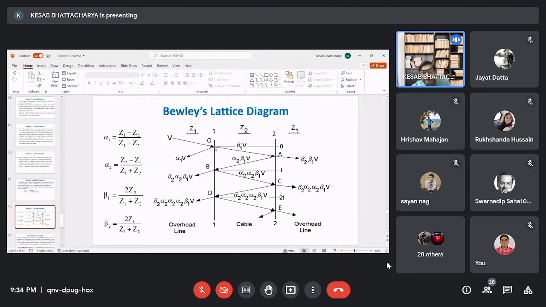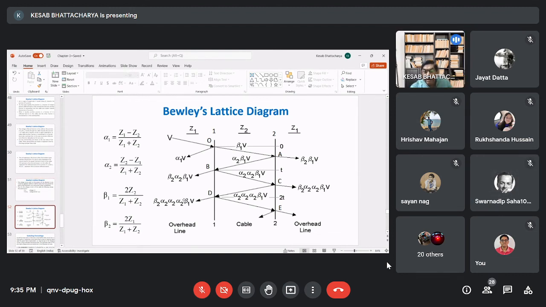And the first transmitted voltage into the cable will be beta 1 into V, where beta 1 is 2 Z2 by Z1 plus Z2. Do you understand these two, alpha 1 into V and beta 1 into V? Tell me. Yes, sir. Okay.